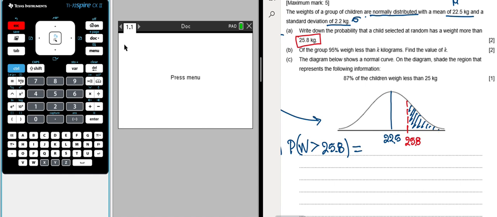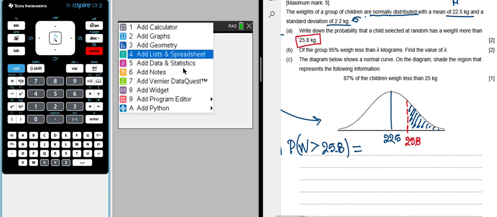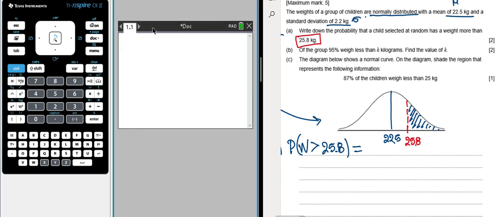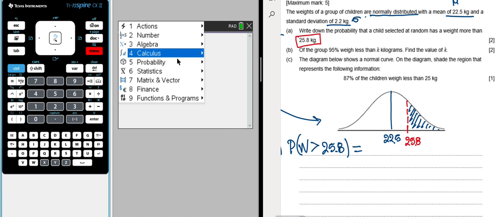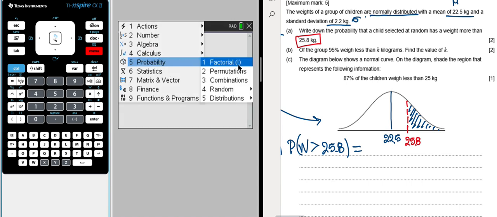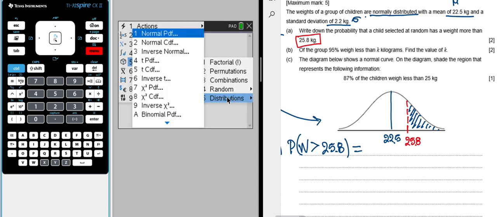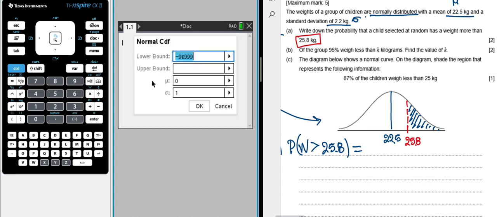So how do we calculate that? I'm going to need the use of my calculator with the menu, and then I need to add a calculator, of course, otherwise I won't be able to calculate. And then back into menu, probability and statistics, and then distributions, and then I want the normal CDF, which is the cumulative density function for the normal distribution.